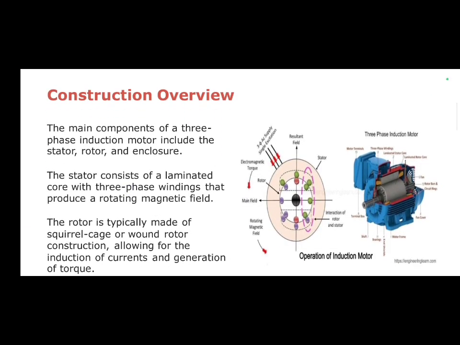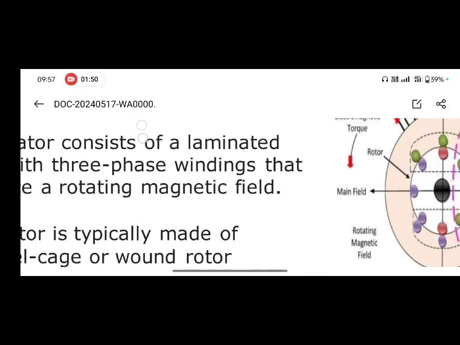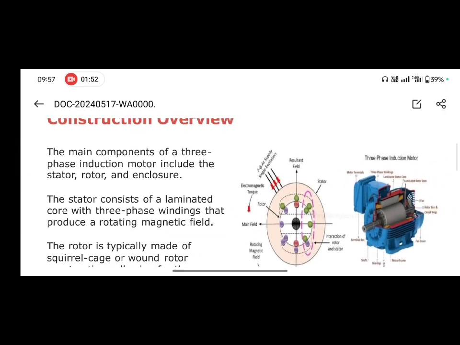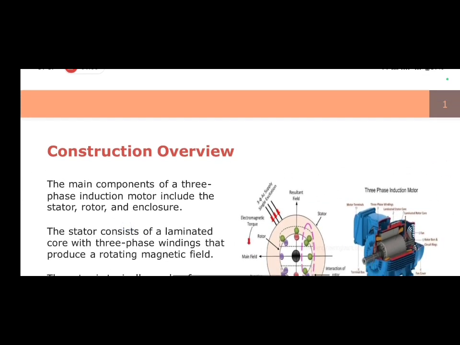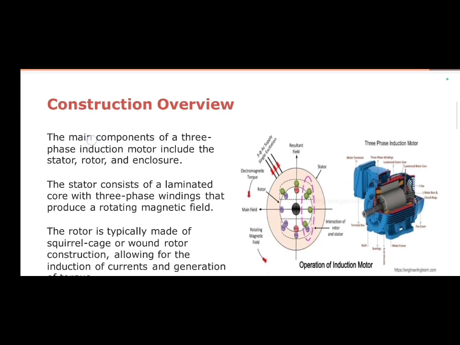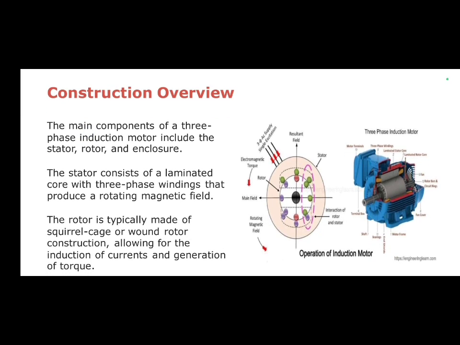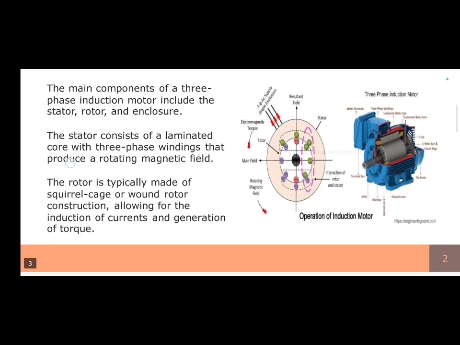Let us see the construction overview. A three-phase induction motor mainly consists of two parts, stator and rotor. First of all, let us understand the stator. The stator consists of a laminated core and three-phase windings that produce a rotating magnetic field.